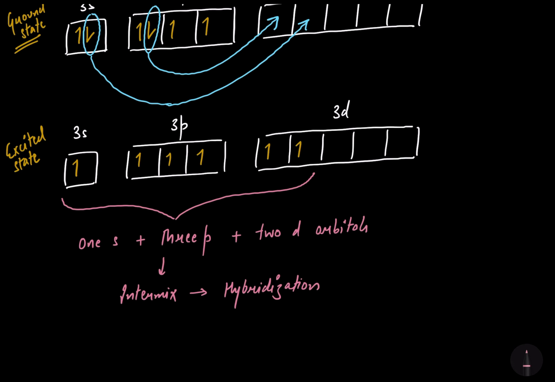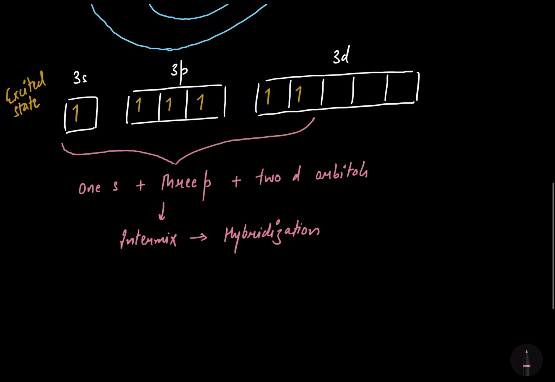Now here we have mixed a total of 6 orbitals, 1 from s, 3 from p, and 2 from d. So we are going to have 6 new hybrid orbitals of equal energies.